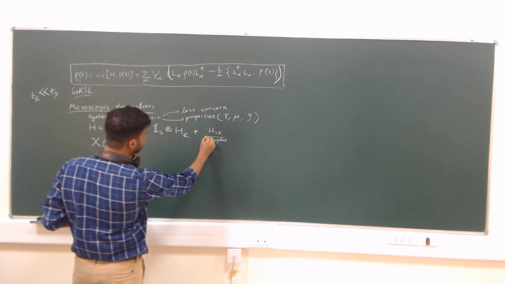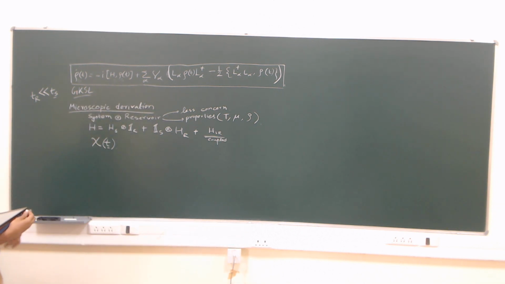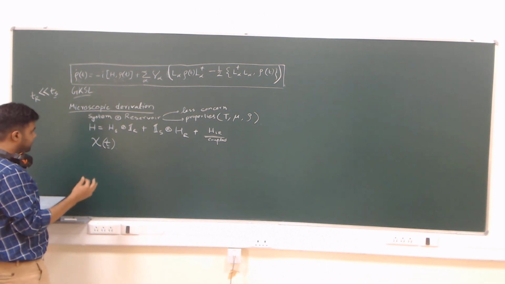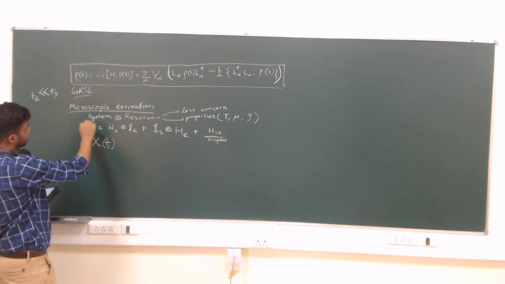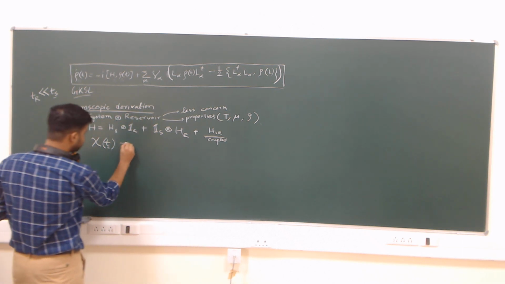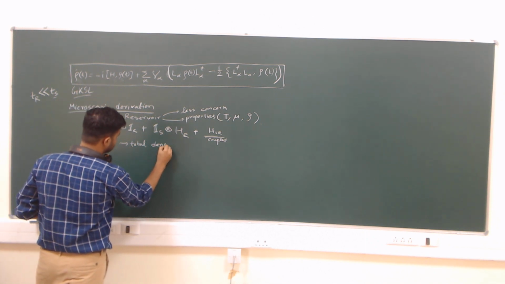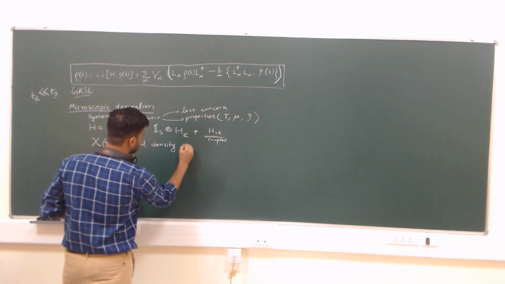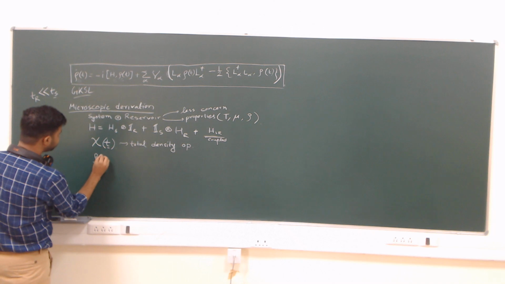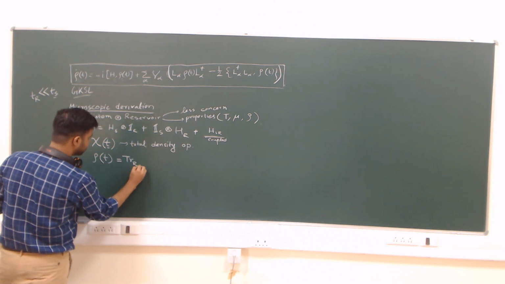But as time passes, this HSR introduces coupling, and so this becomes an entangled density matrix, and there is entanglement between system and reservoir that grows with time. So this is my total density operator, and my system density operator I call rho, which we have discussed many times.